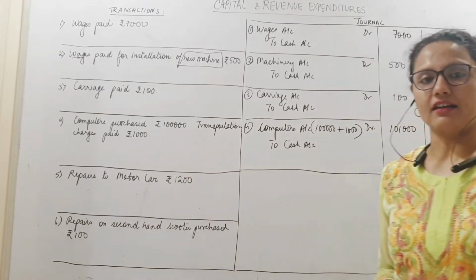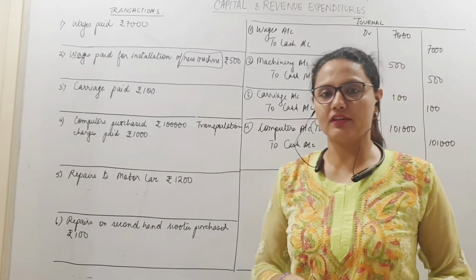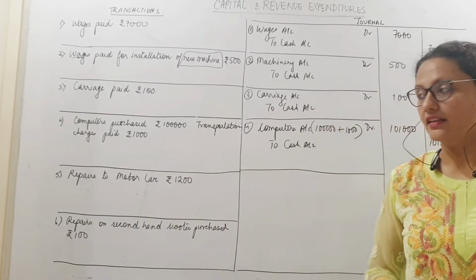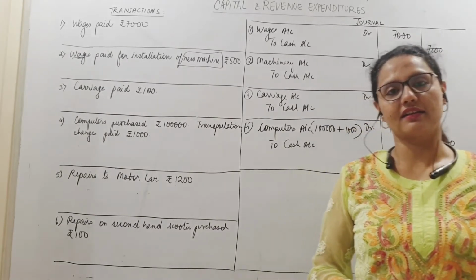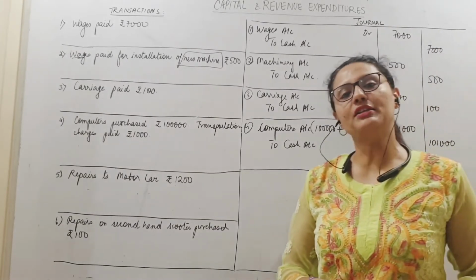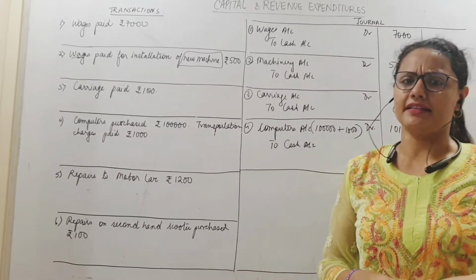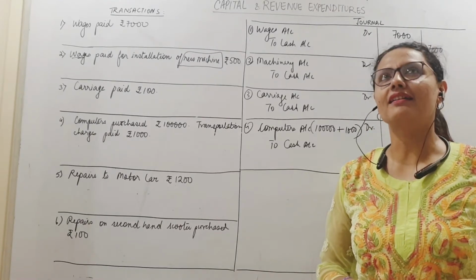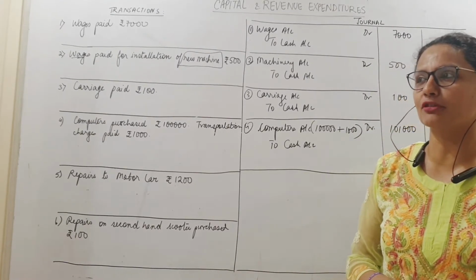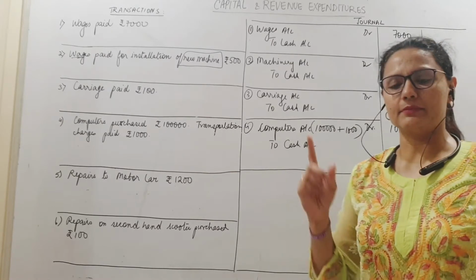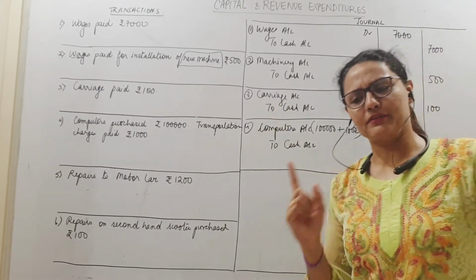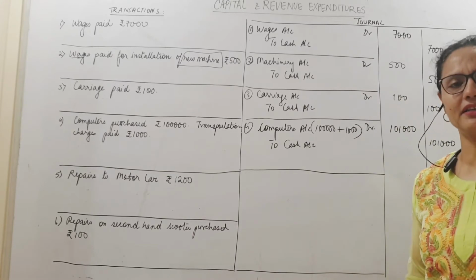Repairs to motor car. Now, the motor car you all recognize, it's an asset. Repairs to motor car. What will it be? A revenue expenditure or capital expenditure? I hear capital expenditure from you, because it is on a motor car, an asset, and expenses related to assets are debited to the asset.